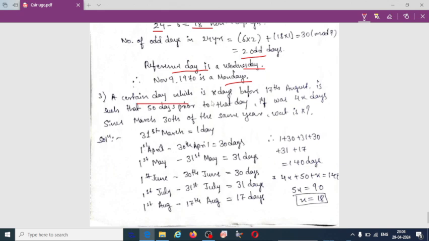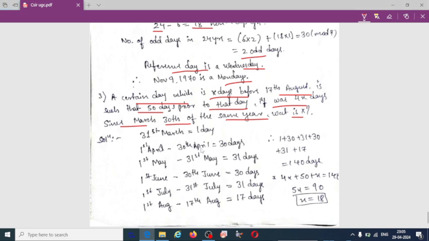Next: a certain day which is x days before 17th August is such that 50 days prior to that day, it was 4x days since March 30th of the same year. What is the value of x here?